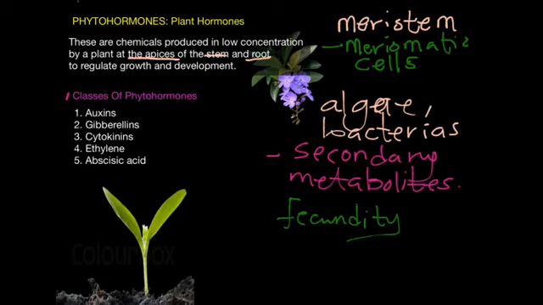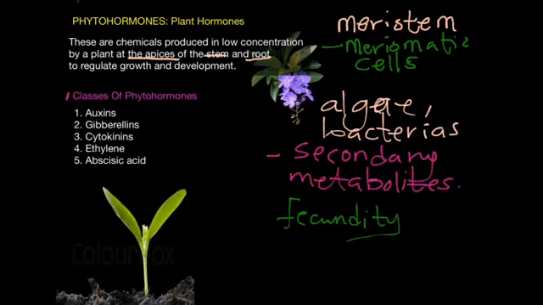Now, talking about growth, one thing that you have to take notice of is that these hormones are actually not nutrients. No, they are not nutrients. Instead, they are very low concentrations of chemicals that are being produced for some specific purposes. So let's talk about some main functions of these hormones. The first thing they do is they help in the formation of leaves and flowers, the stems and the fruits.